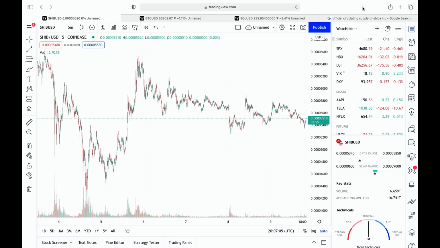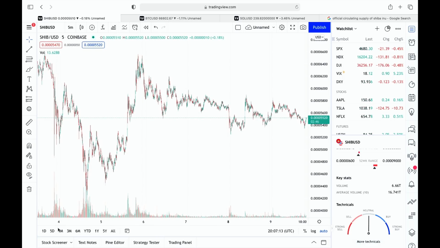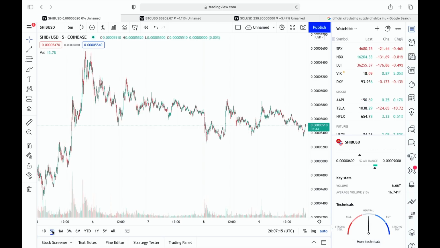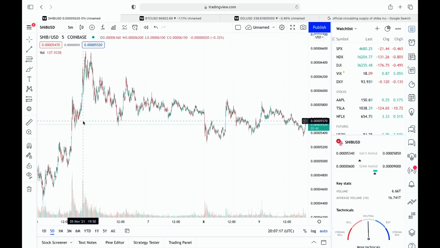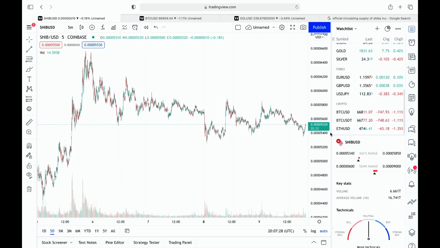So, as you could see here, it's SHIB, the Shiba Inu. Let's go to a 5-day, right? I want to show you guys something that's very important for you to know. At the time, clearly you could see where SHIB is, in the 55 area.